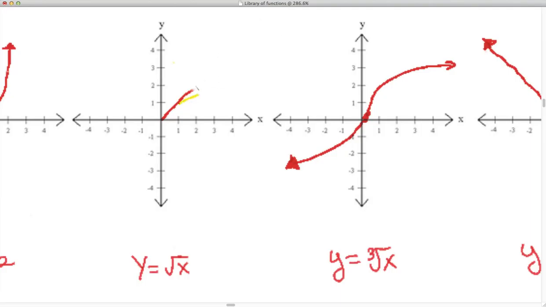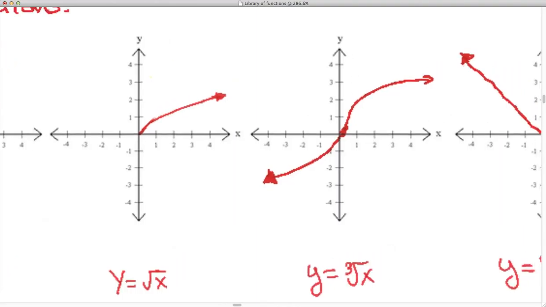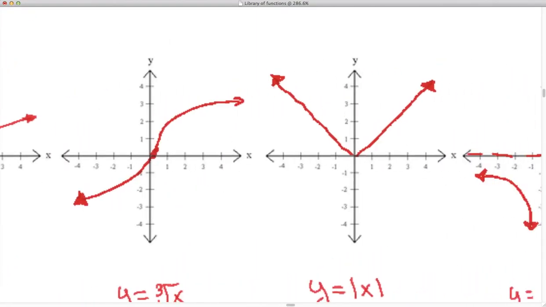So it should look more like this. Oh, wrong color. Something like that. And then the cube root of x, kind of an S looking thing, absolute value of x.